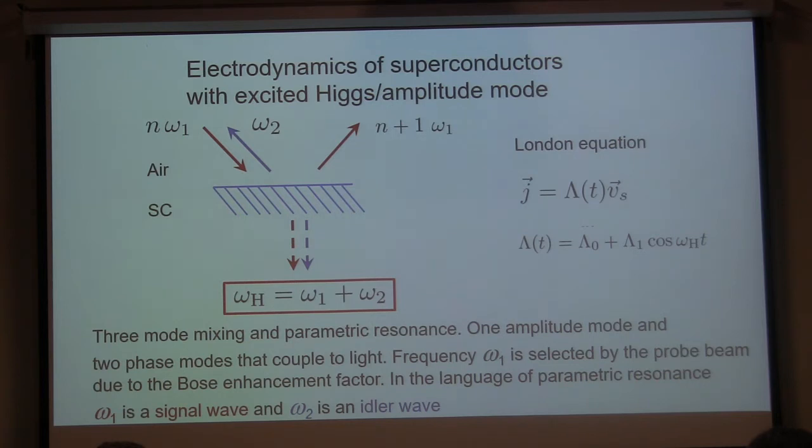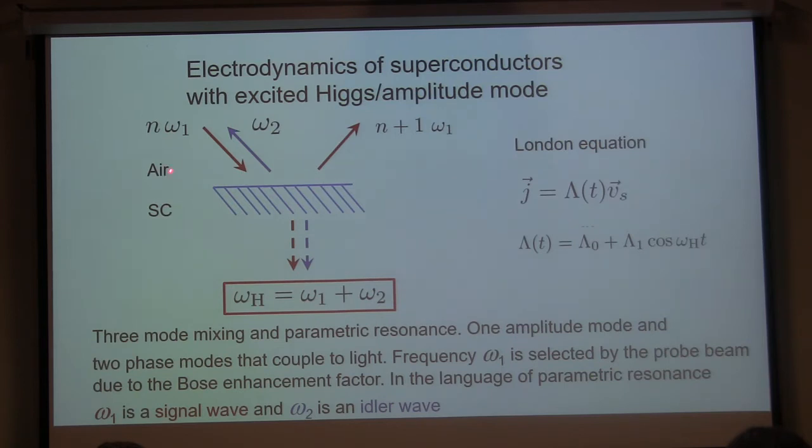And it can decay in such a way that the sum of the frequencies of these two photons must add up to the frequency of the Higgs mode. And in principle, if we just sort of excite the Higgs mode and left the system as is, all kinds of pairs are generated. But now when we send in a probe beam, right, we're sending photons at very specific frequency, omega 1.